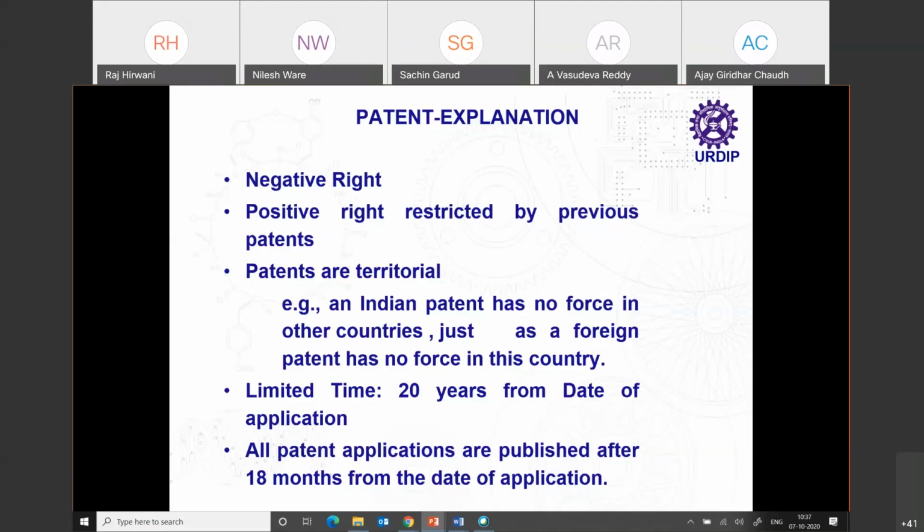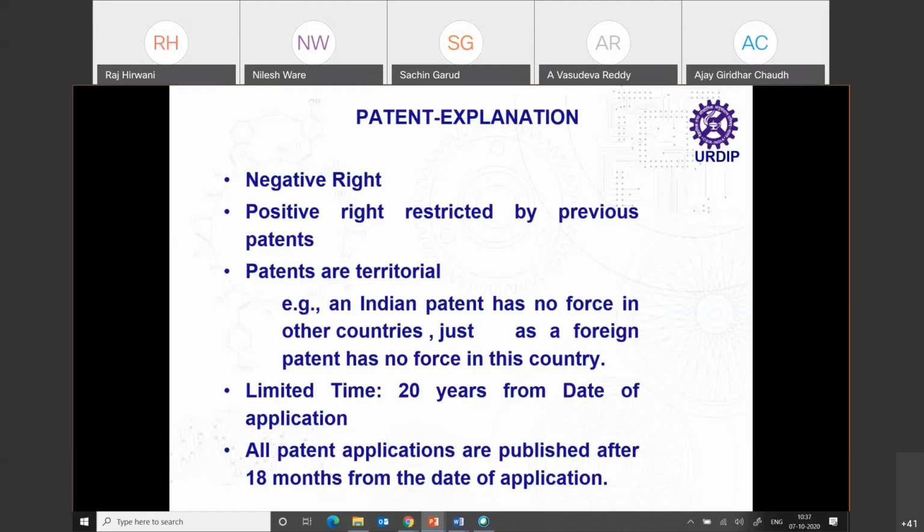Or Woodward takes a license from Edison and incorporates the tungsten filament into his bulb. Edison went and took a license from Woodward and then commercialized the product. Since Edison was the first person who brought the bulb to the market, his name got associated with the bulb. Henry Woodward never came to the market, so nobody knows about him. So he did not get that publicity, although he was the inventor.